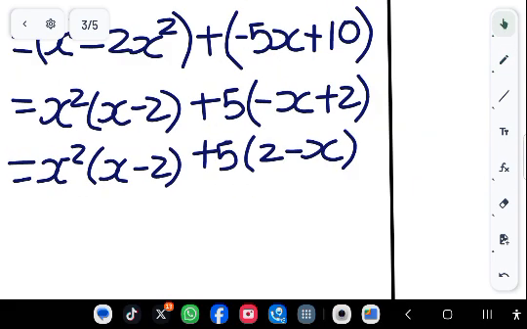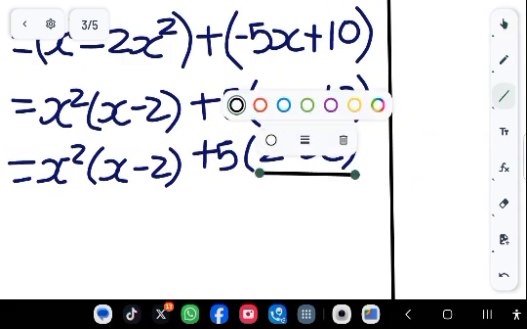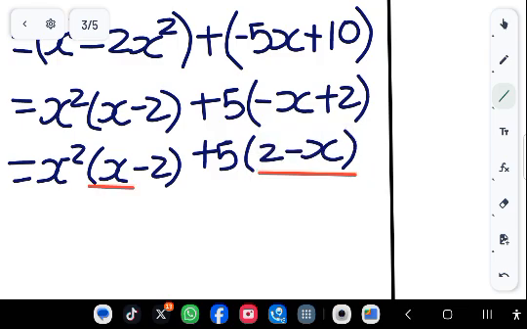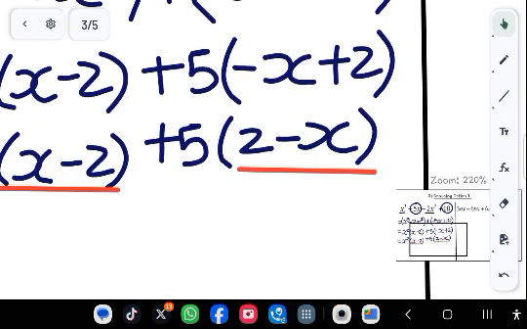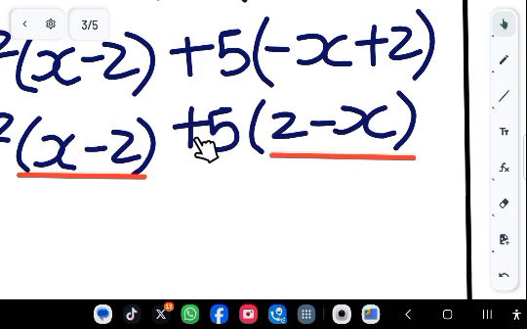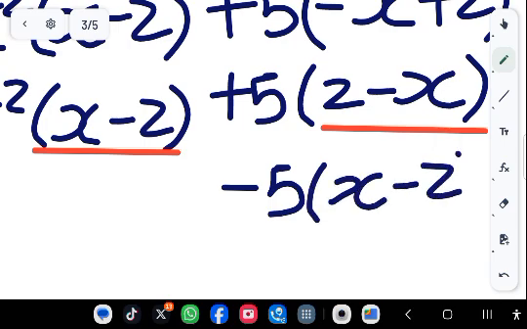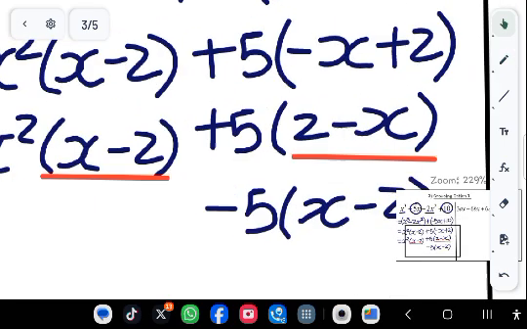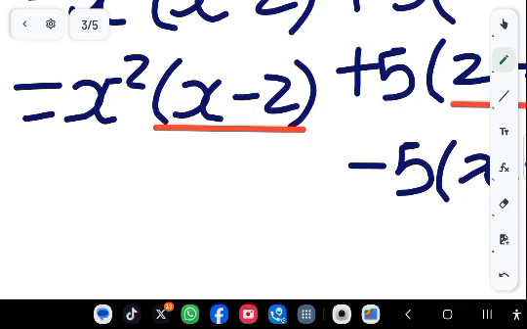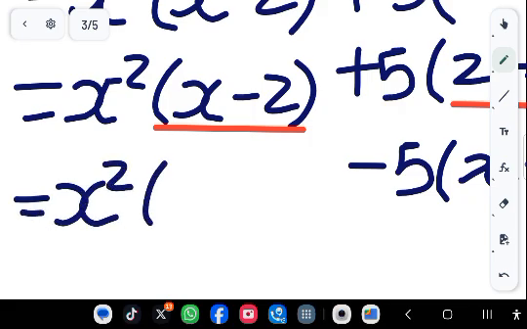But notice that these two are almost identical, but not quite. 2 minus x and x minus 2 are common factors, not quite the same. So what we do is we put a minus in front of this one so that we can rearrange the terms and make them completely identical like we did in a previous video.